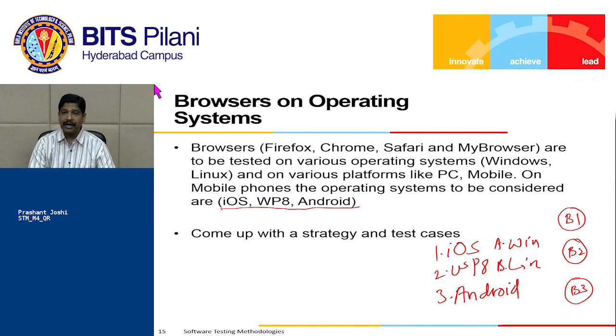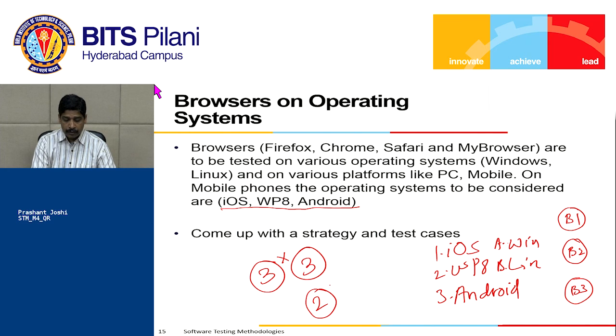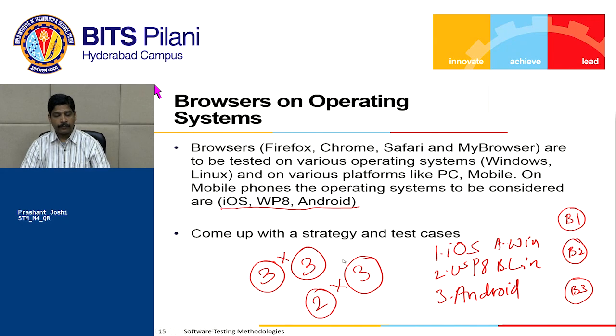All of these form combinations. So we would have combinations where we have 3 mobile phone platforms, 3 browsers, 2 desktop platforms, and 3 browsers. So this starts becoming really huge when numbers increase, but a combinatorial mechanism helps us. And if you look at design of experiments or orthogonal arrays, you could still reduce it based on the focus that we have.